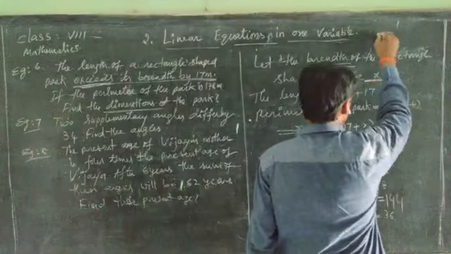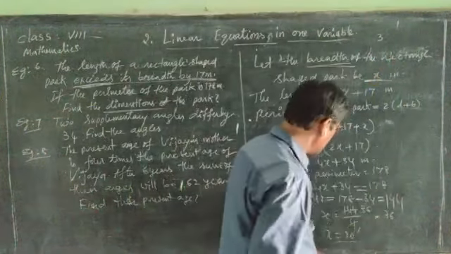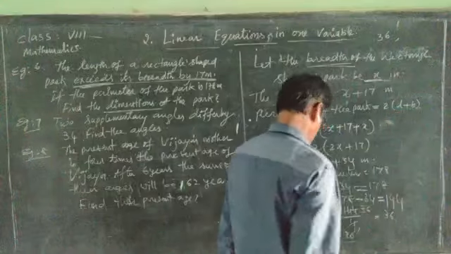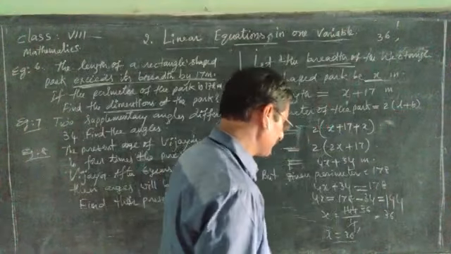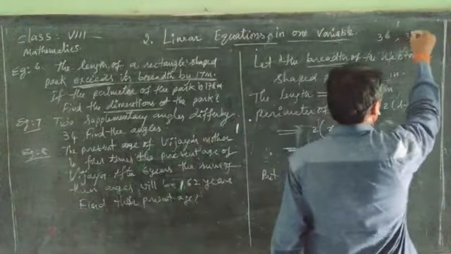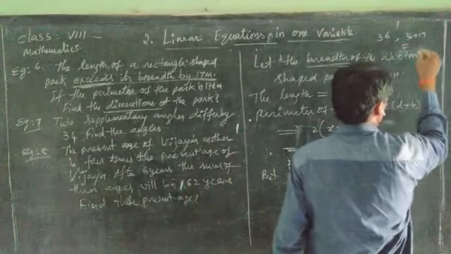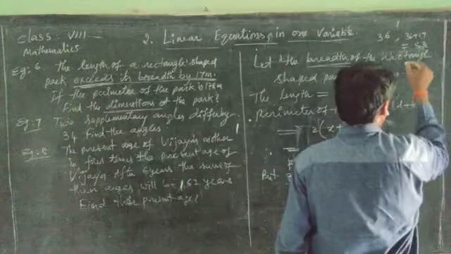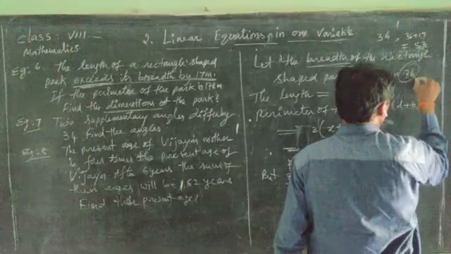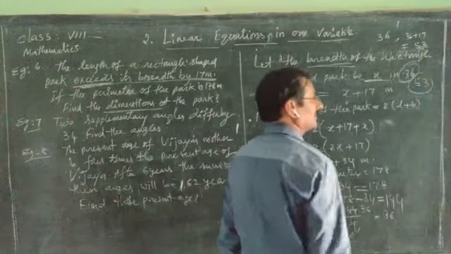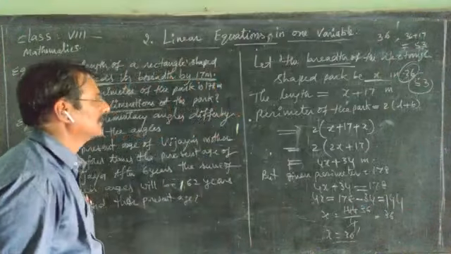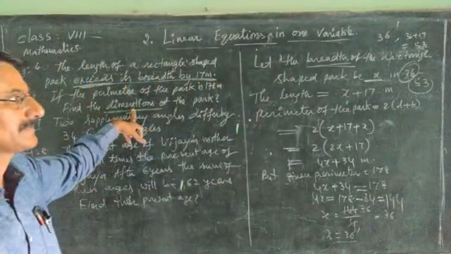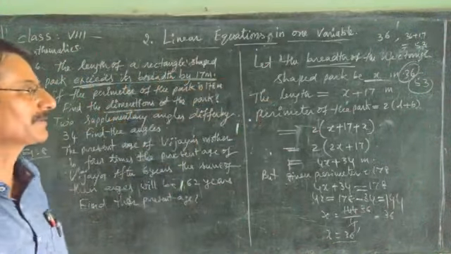So breadth 36, length 53. These are the measurements or dimensions of the rectangle shaped park.